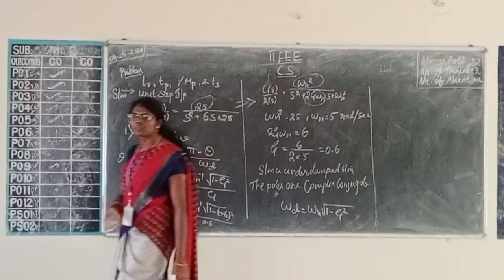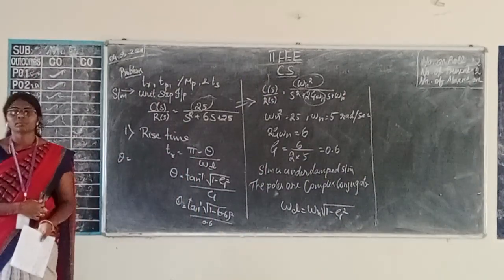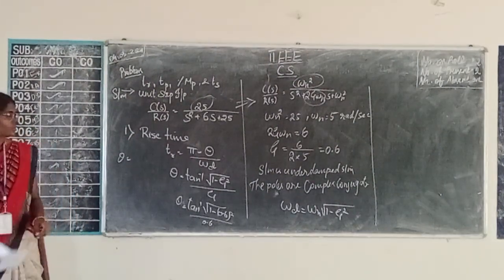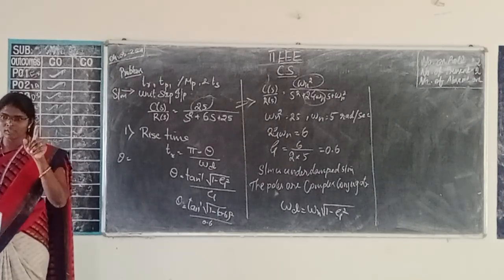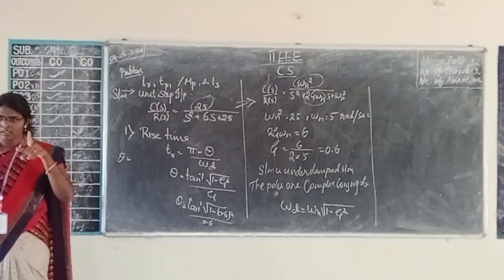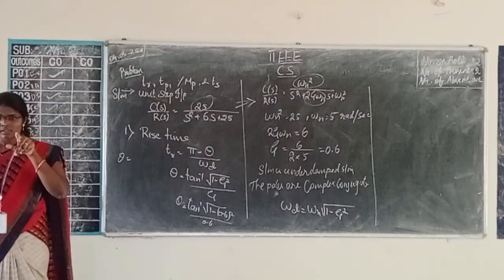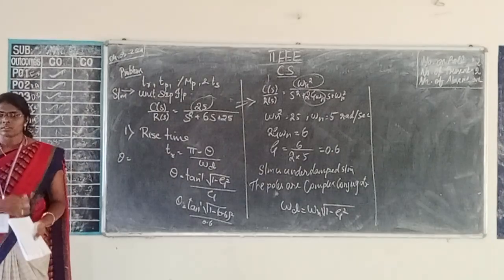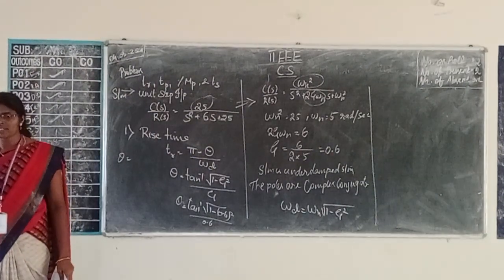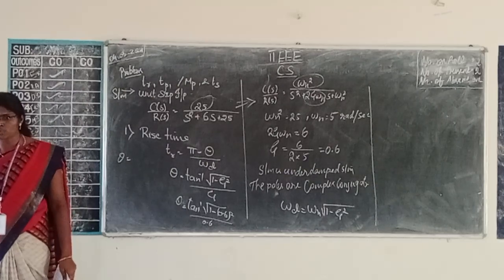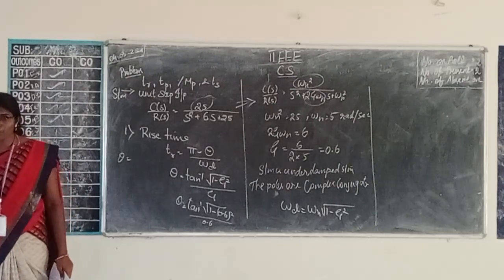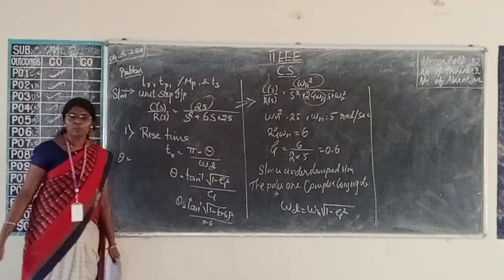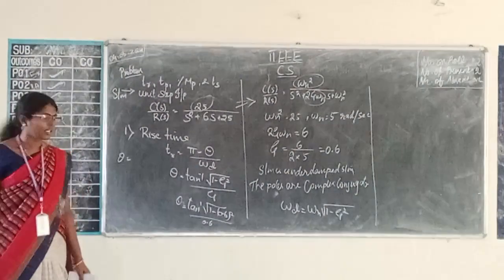Make it right. How do we enter tan inverse? Open a bracket, then make a root, again open the bracket, 1 minus, open the bracket 0.6, close the bracket, square, and close the bracket twice. If it is not 54, 53.13 has to be.